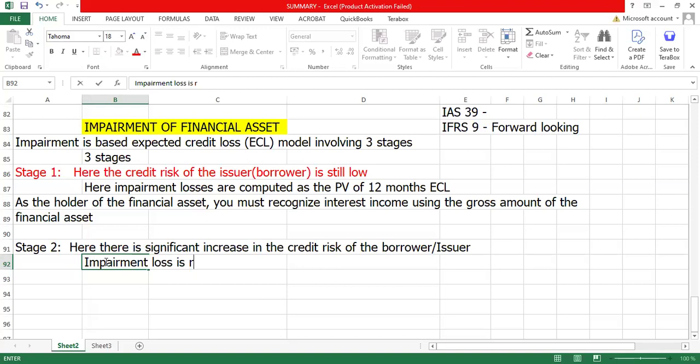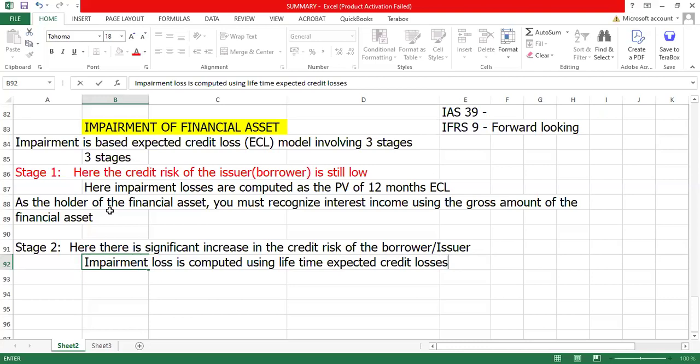The impairment loss is computed using the lifetime expected credit losses.